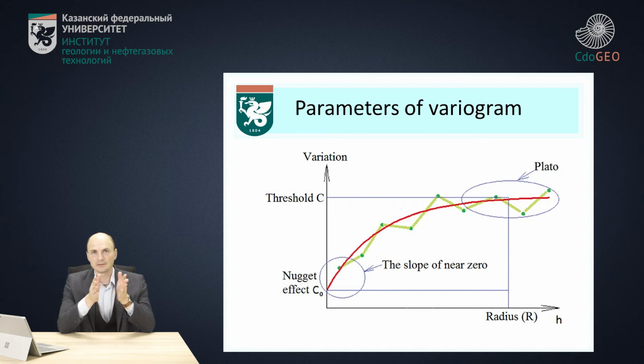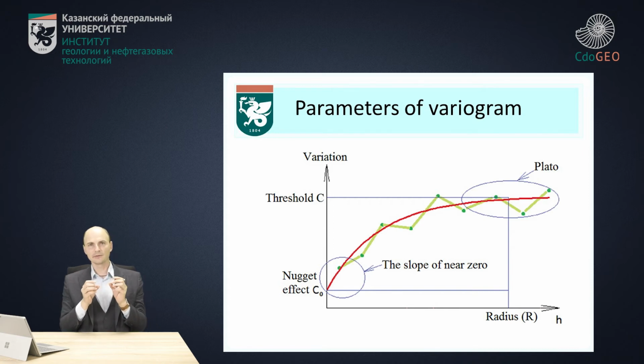Let's talk about these parameters. Type of the variogram: we already discussed that in the previous video. The Gaussian function, in the very beginning, is flat and then starts changing dramatically, while exponential and spherical start changing dramatically from the very beginning. That is the difference.